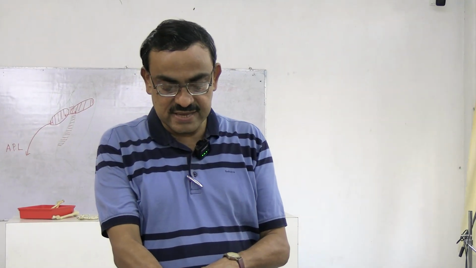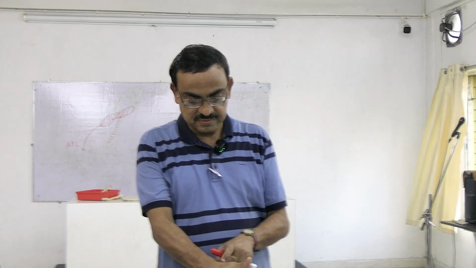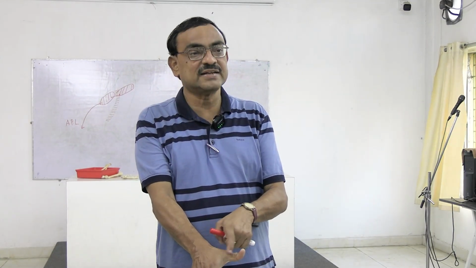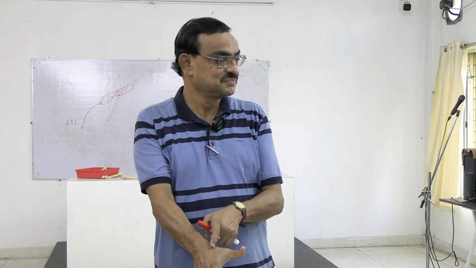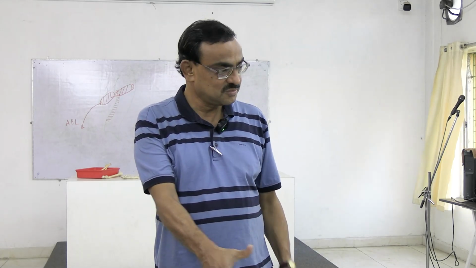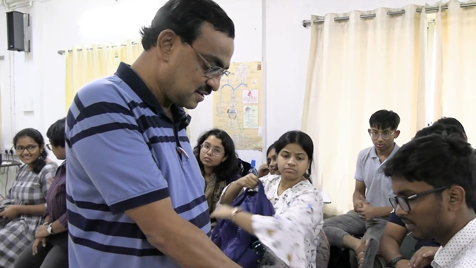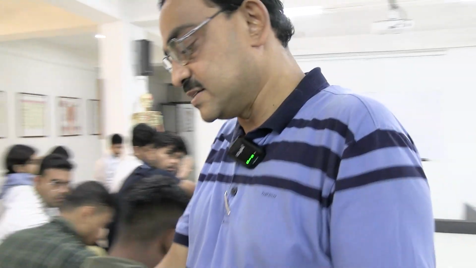And also we can see another tendon here. We can find another tendon. This is abductor pollicis longus, and another tendon which is called extensor pollicis longus.